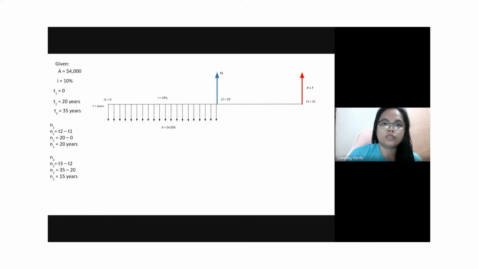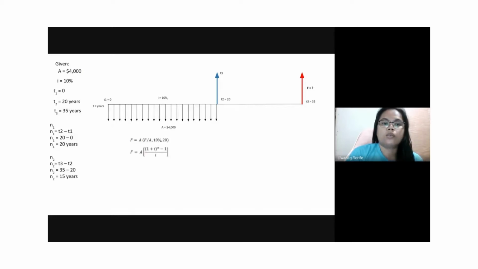First, we will identify the total value of annuities at the end of 20 years, F1. So we have here the formula for identifying the future worth given the annuities. F is equal to A quantity F over A, 10%, and 20 years.